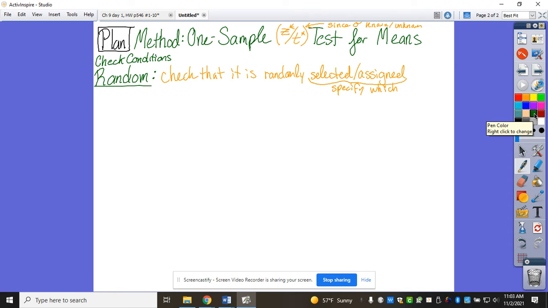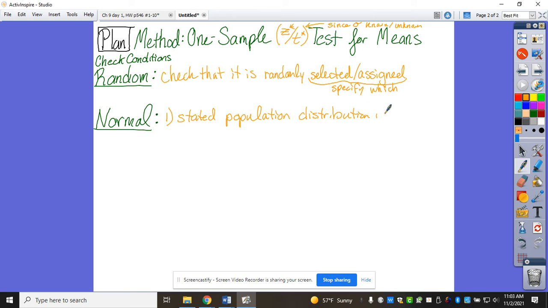What's my next condition? How many options do I have because it's means? 3. What's one of them? Stated. And what would be stated? As a population distribution is approximate. What's my other easy option?